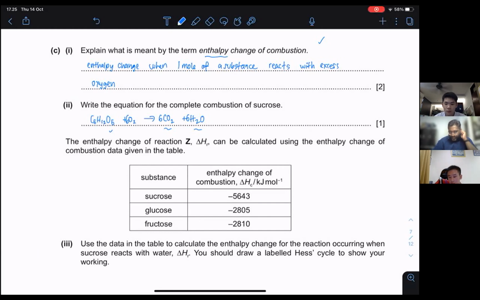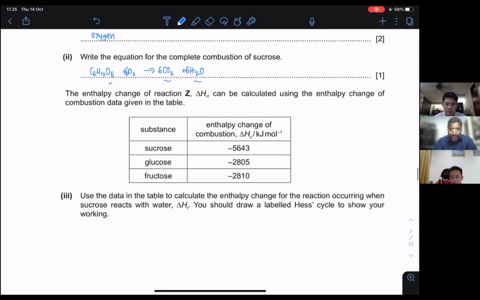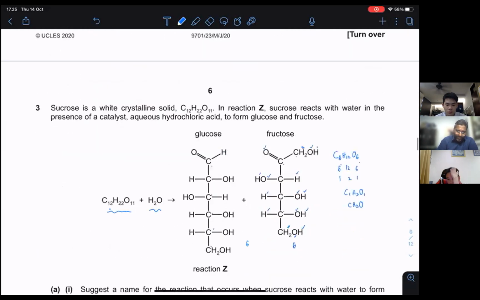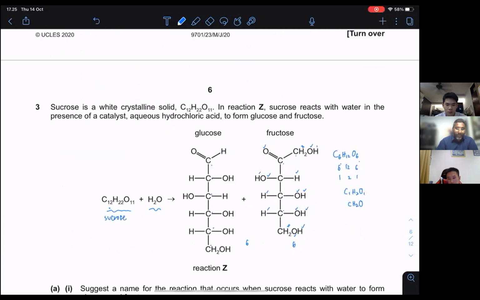Now, use the data in the table to calculate the enthalpy change of the reaction occurring when sucrose reacts with water, and you should draw a labelled Hess cycle to show your working. Basically the reaction is sucrose with water, and it's going to give you glucose and fructose.